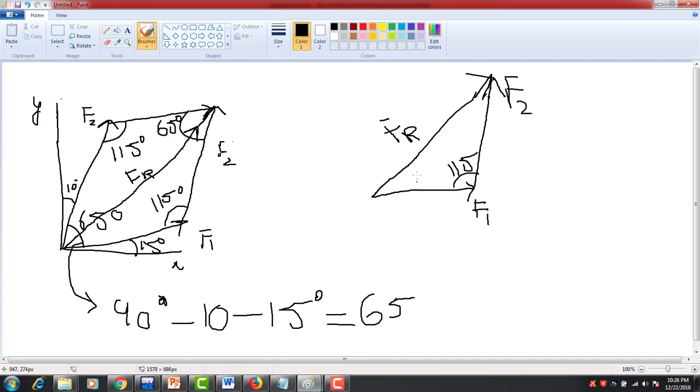This angle we don't know, so let's call it alpha. And this is phi. Because we know the angle between F1 and F2, this complete angle, but we don't know this angle, so this angle will become alpha.